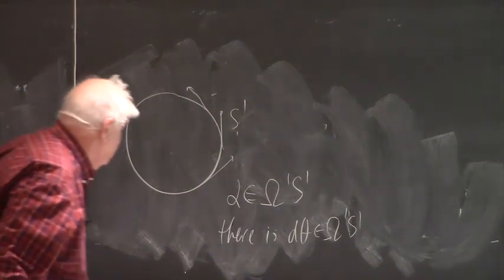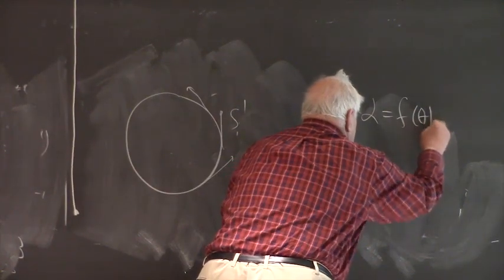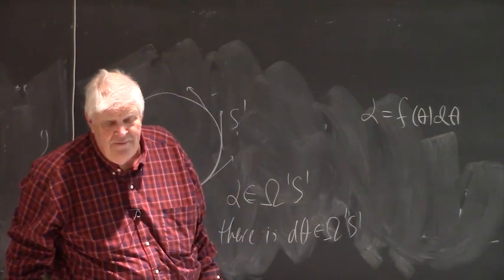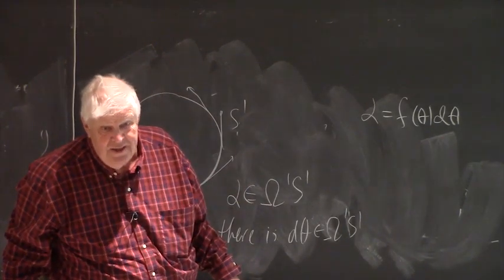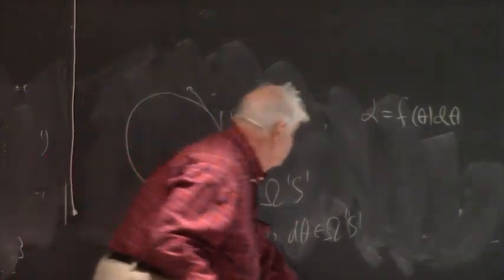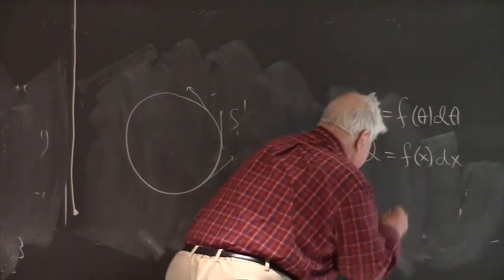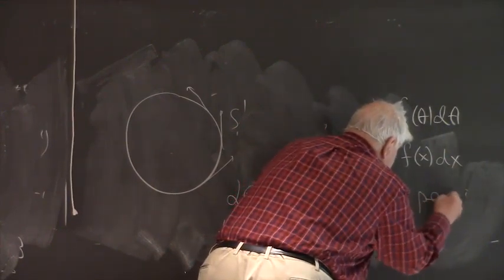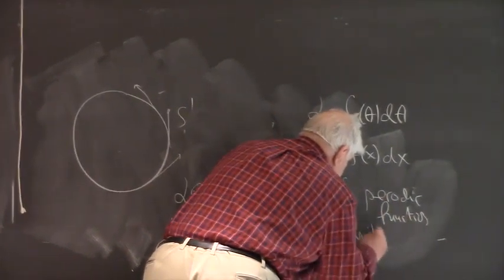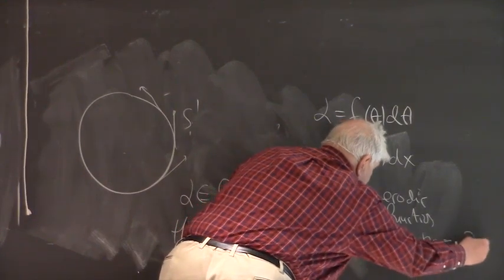Now, an arbitrary form, alpha, in terms of analysis can be written as f of theta d theta, but theta is not a function. It is more convenient to write alpha as f of x dx, where f is a periodic function with period 2 pi.